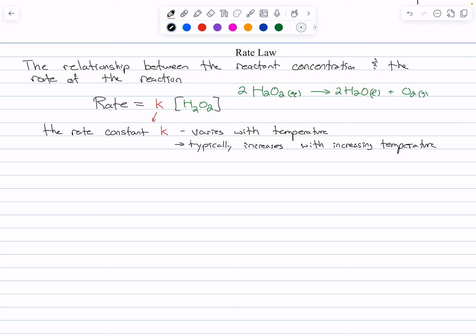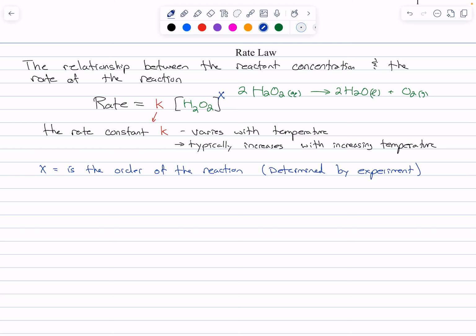Now, there's also X here. X is the order of the reaction, and this is only determined by experiment.